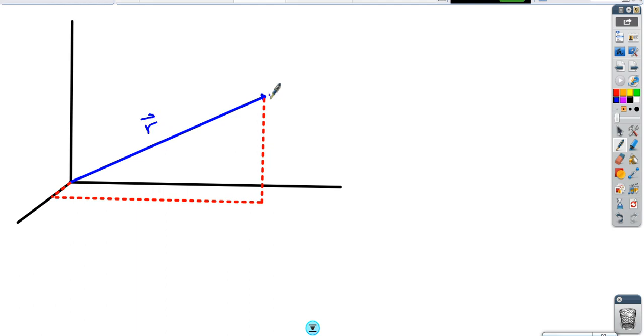Now this coordinate right here, at the tip end of the vector, is going to have the coordinate x, y, z.